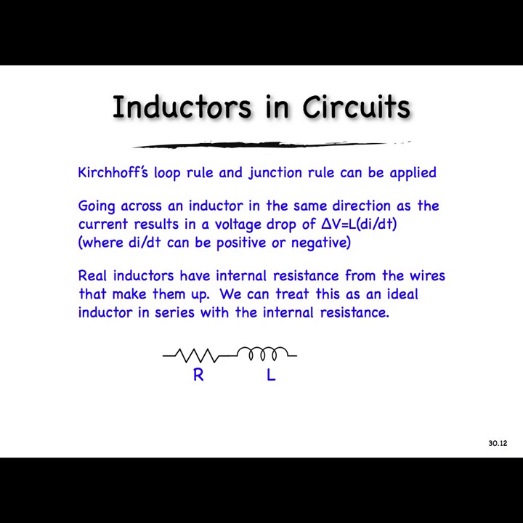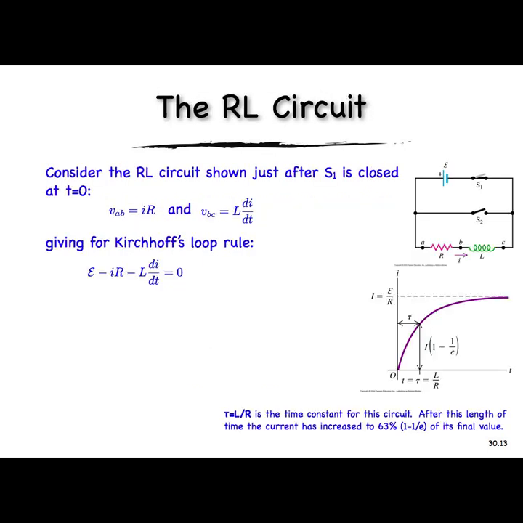Okay, so getting back to our circuit, how can this be used, and what does this do for us? In order to understand how an inductor will behave in a circuit, we're going to use the same rules that we've used for understanding how everything else behaves in a circuit, mainly Kirchhoff's rules. To do that, we need to know how the voltage changes when you go across an inductor.